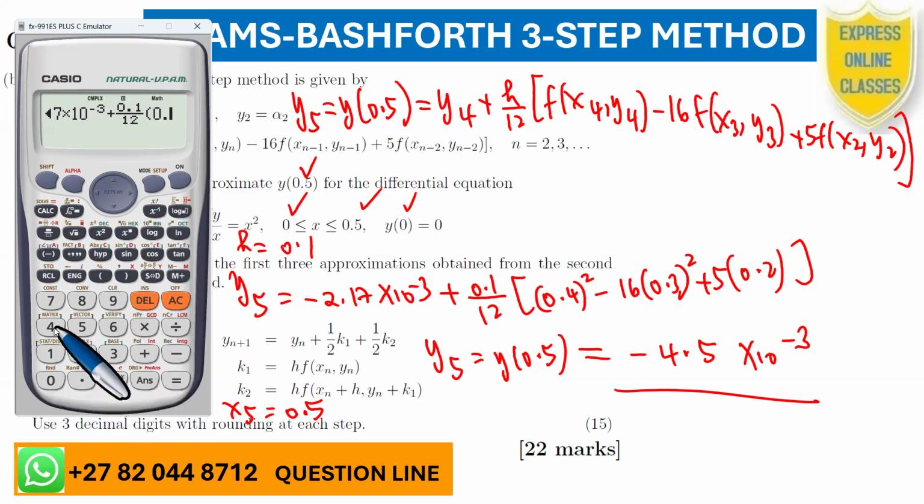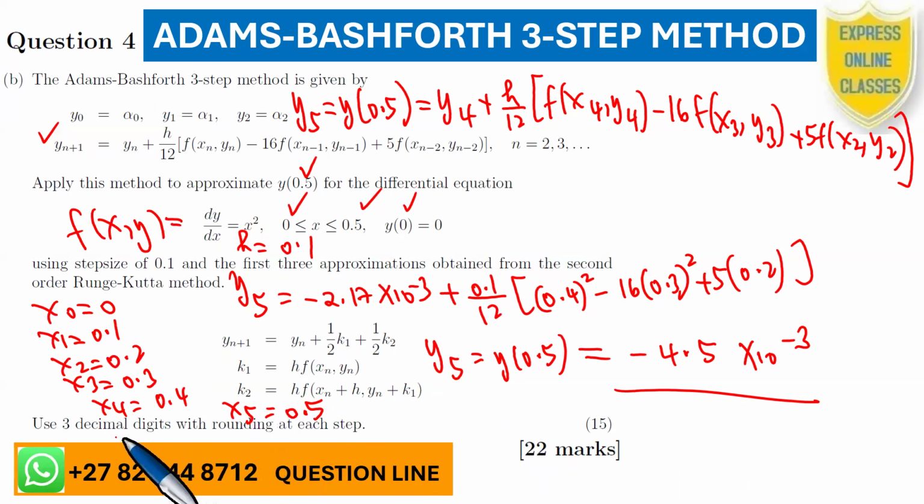Open bracket 0.4 you square it, minus 16 times 0.3 you square it, plus 5 times 0.2, which is minus 4.5 times 10 to the minus 3. So this is the same answer we have got.